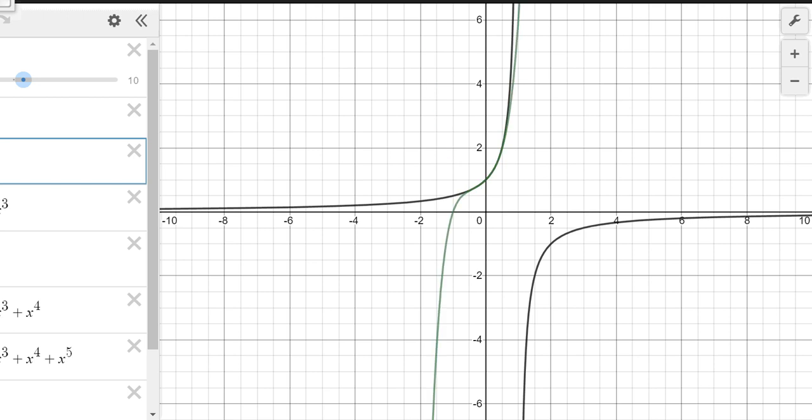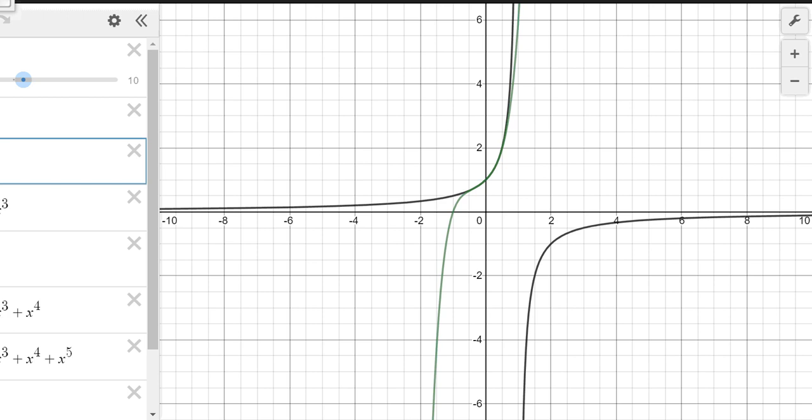Okay, so what happens as I add more and more terms? How are these partial sums related to our original function from whence they all came?